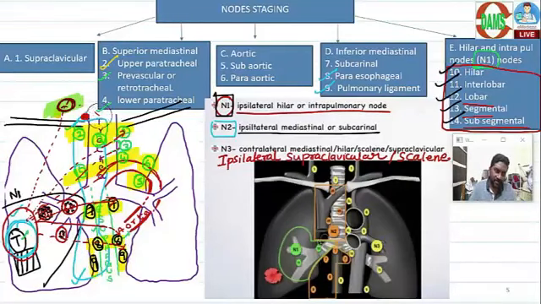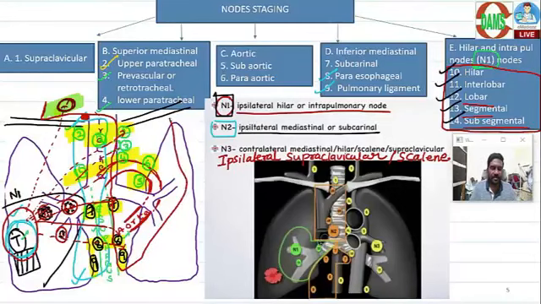So now the tumor is involving same side supraclavicular or contralateral any lymph node, right from the lowest subsegmental to the highest supraclavicular. So this accounts to N3.